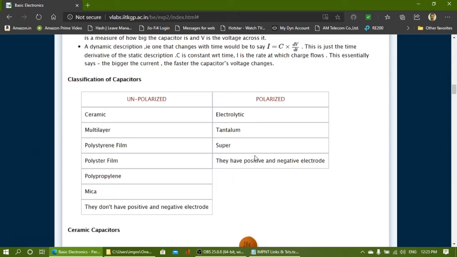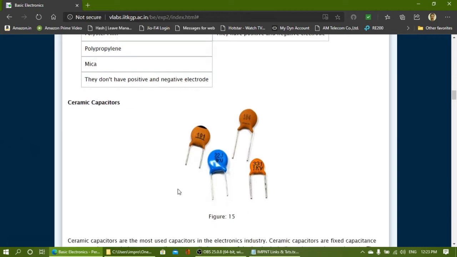Basically, these polarized types of capacitors should be restricted to DC application, and the unpolarized capacitors can be used in any field, AC or DC. This is a picture of what a ceramic capacitor looks like, and it is a different kind of value marking.